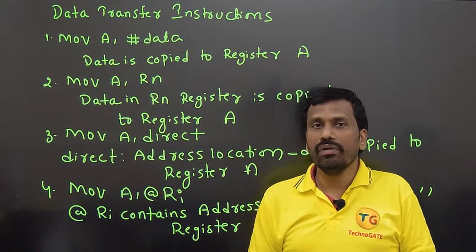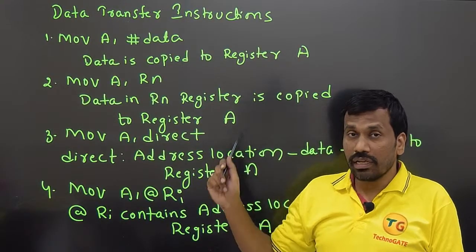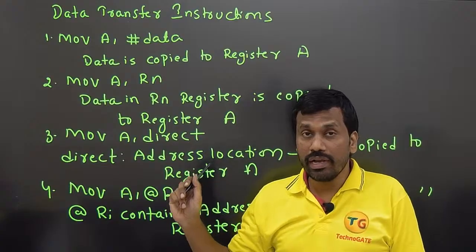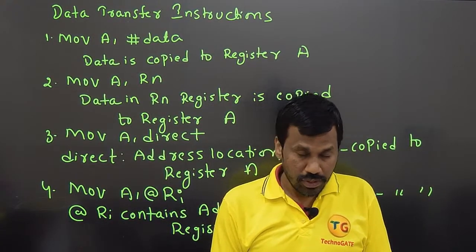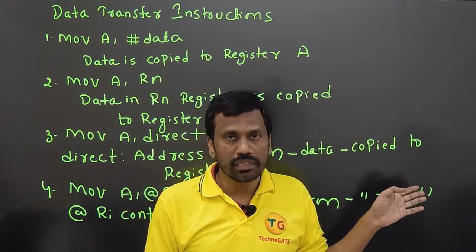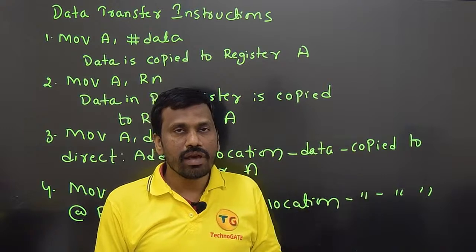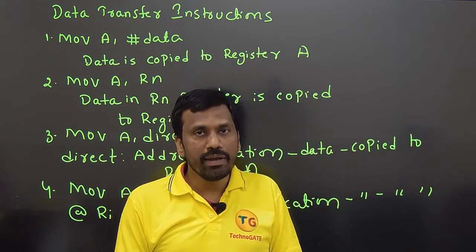Data copied to register A. That is the common point. So these are data transfer instructions. In these 4 instructions, we are moving the data into register A. What is A? Accumulator, an 8-bit register.